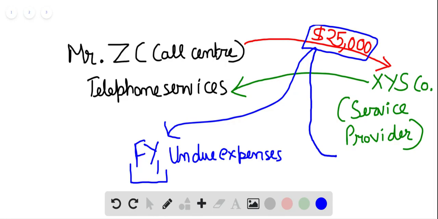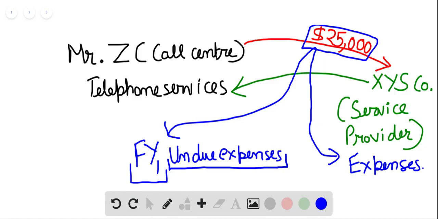However, whenever the next financial year will end, whenever we will prepare financial statements of next financial year, we will record $25,000 as expenses. So we can refer to undue expenses as prepaid expenses as well as deferred expenses.